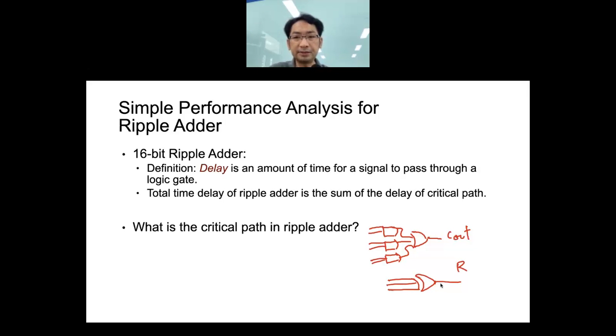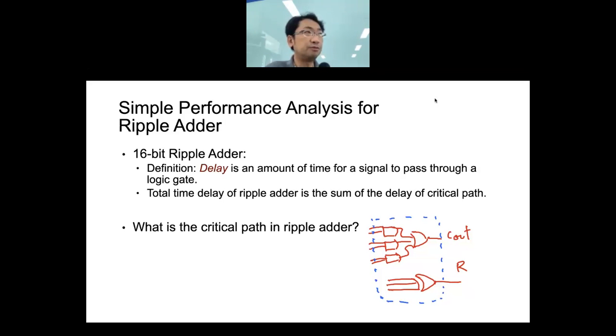We have something like this, and we create a box. And we duplicate this box many times, as many as we want. For example, if we want 4 bits, we duplicate this box 4 times.